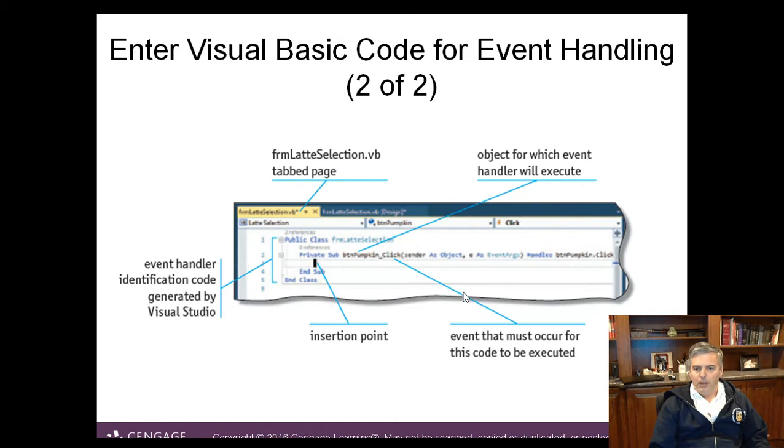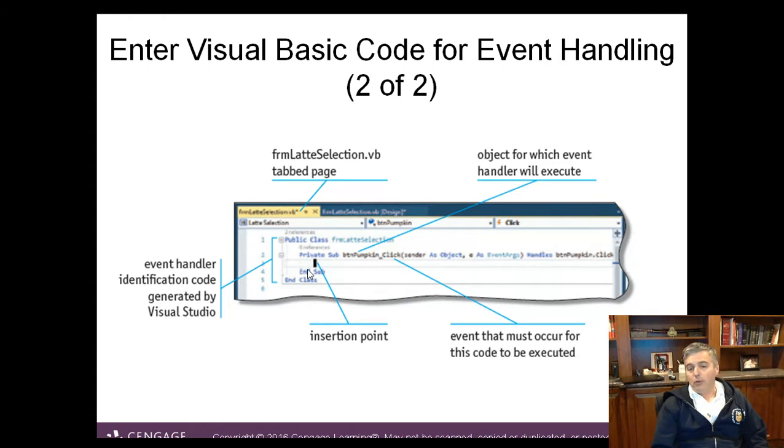So if I double click on my button pumpkin, I am going to get this event handler. So what you'll see is your public class for your form, and then within the form, your sub procedure for the button pumpkin click. This is your event handler. When you enter code for this, the code needs to be between this private sub and this end sub.